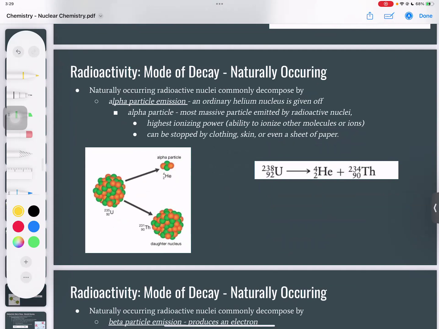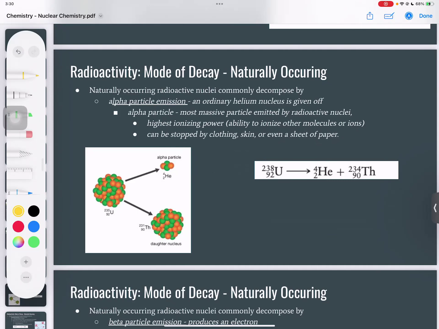When a radioactive isotope, like for example uranium-238, one of the most common radioactive isotopes, decomposes through alpha particle emission, the one predictable product is the alpha particle, symbolized by a helium-4 particle.